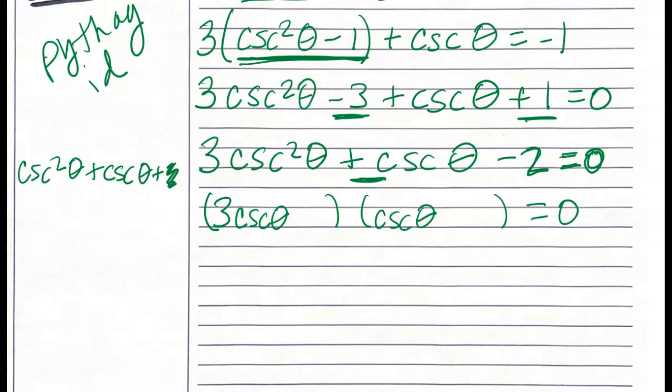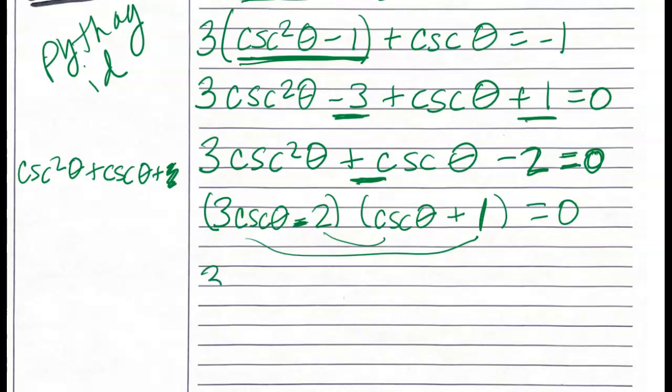But then I want my middle guy to be a 1. So I know it's going to be a 1 and a 2. Let's see. I want it to be a positive 1, I think. Let's see if I put a positive 1 here and a negative 2 here. What do I get? I get 3. Then here I would get 3 cosecant. Oh, that's a minus. Here I would get minus cosecant. So 3 minus 2 is 1. That works. And I get the final term. All right, that worked. I got lucky. I really did not work this one out ahead of time. Whoops. I was in a rush.